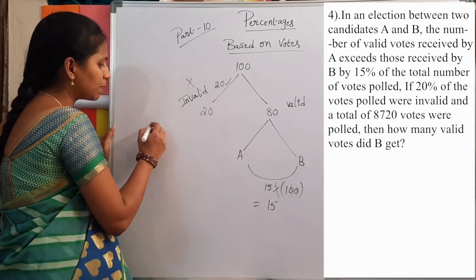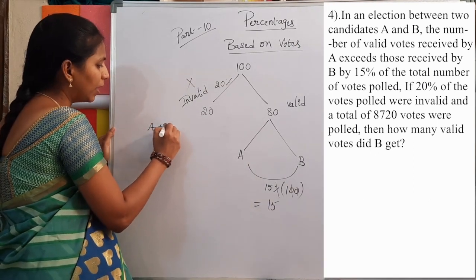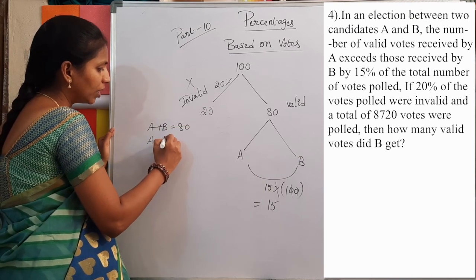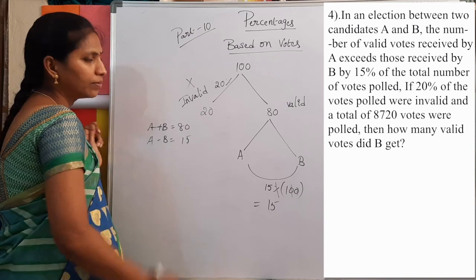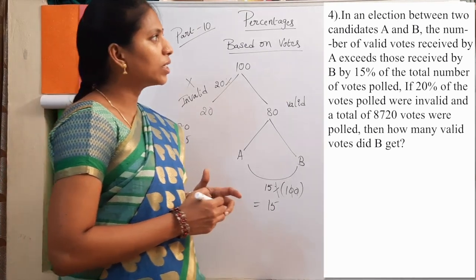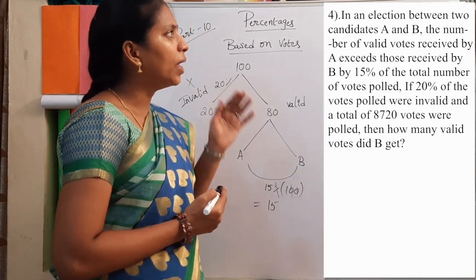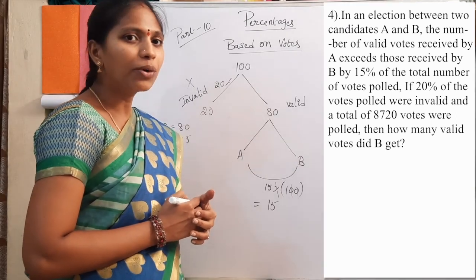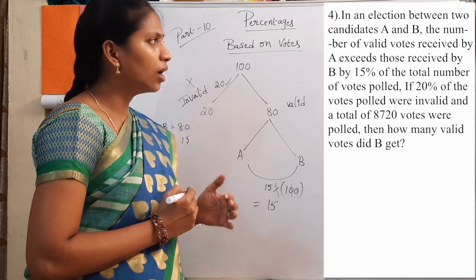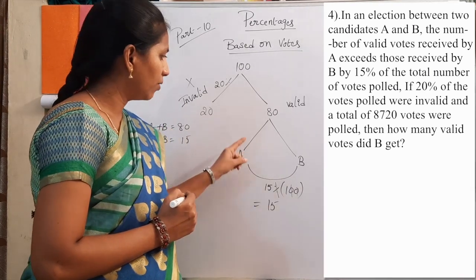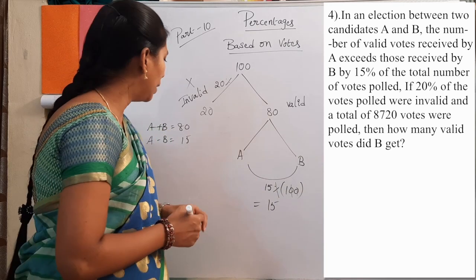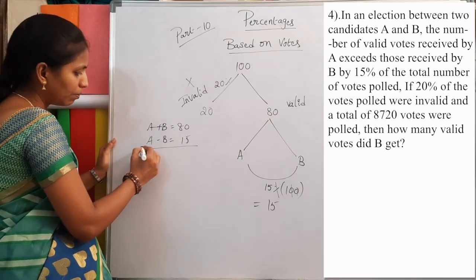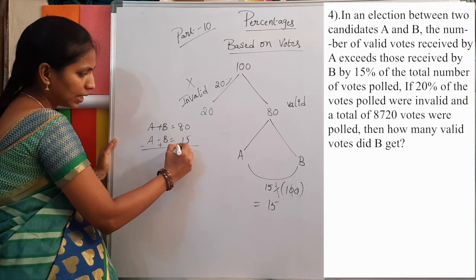Now see, write the expressions A plus B equal to 80 and A minus B equal to 15. But see the question. How many valid votes did B get? We have to find the valid votes got by candidate B. So cancel A's, here plus, here minus.